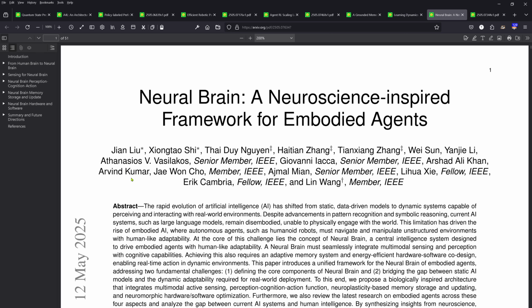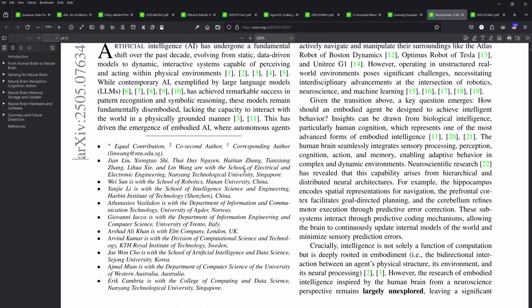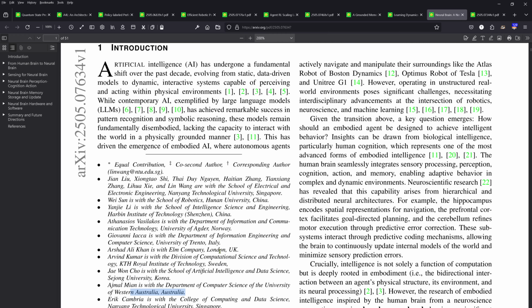Also, May 12, 2025. This is by, give me a second. This is by Nanjing University of Technology, Singapore, Hunan University, China, Shenzhen, China, University of Utrecht, Norway, University of Trento, Italy, London, UK, KTH Royal Institute of Technology, Sweden, Korea, and Western Australia, and Singapore.